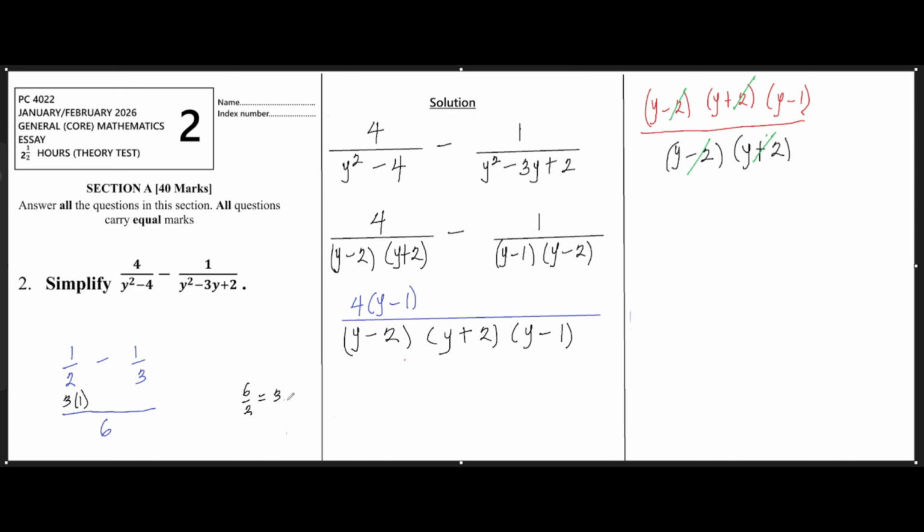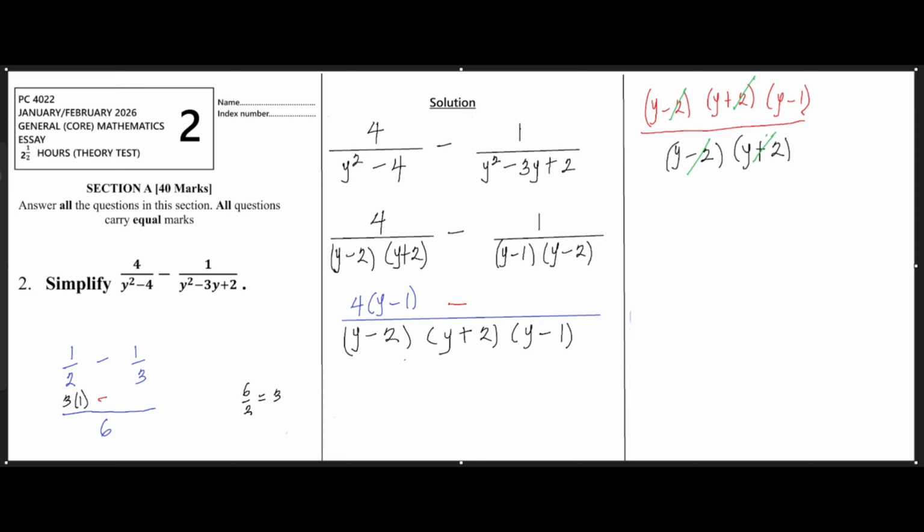That gave us 3. So as we divided, we are left with y minus 1. And what do we do? We multiply 3 here by the numerator. So we have multiplied y minus 1 by 4. Then we introduce our sign. At this point, our sign here is minus.